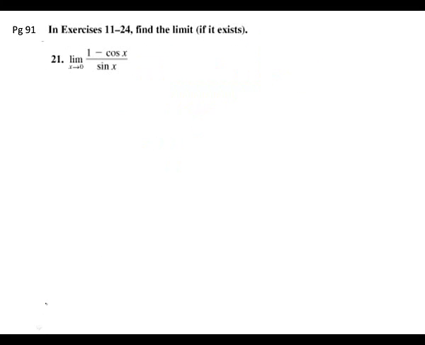This one, there were some special limits that we had, and I'm assuming this is going to be one of those. Let's see. I can never remember the cosine. We only ever use the sine one usually. There it is. So there's 2 limits that we've got to be careful of, and you have to make sure you have memorized. So the limit as x approaches 0 of sine x over x is equal to what? 1.